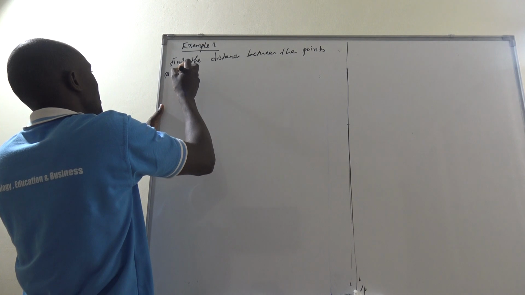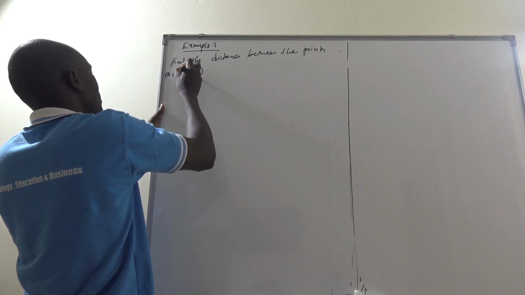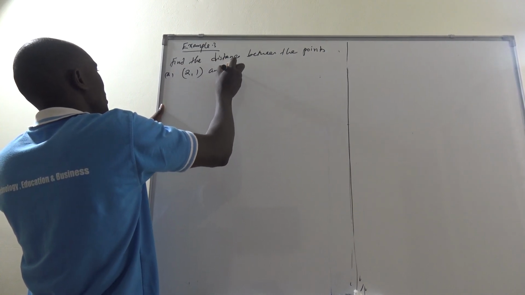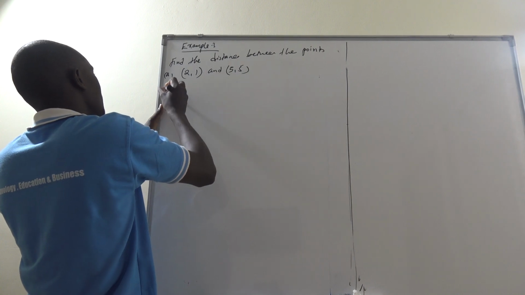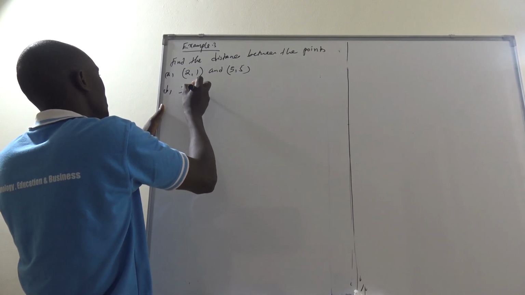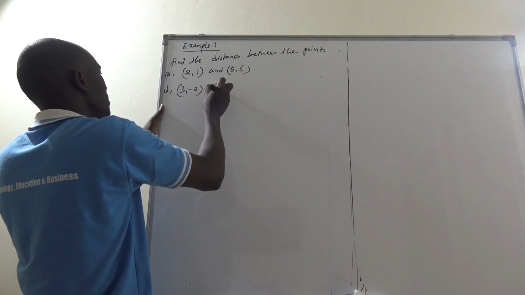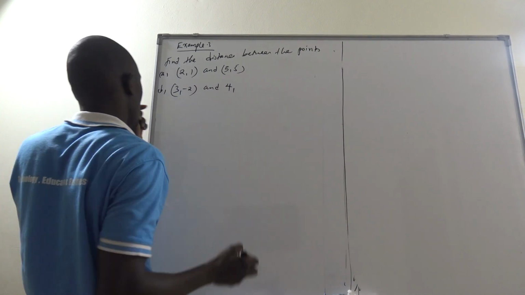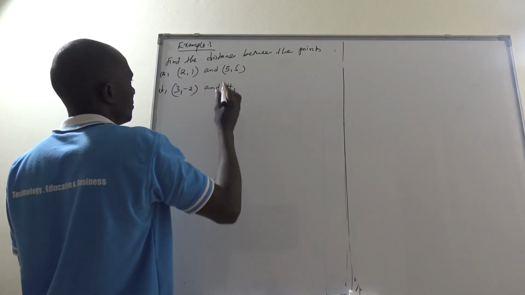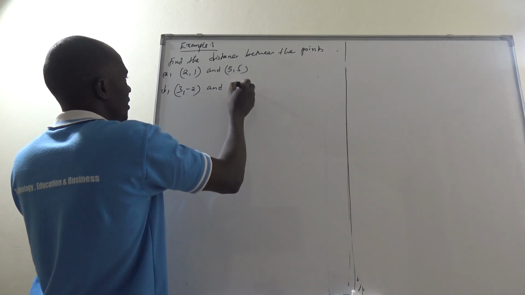Part A: 2, 1 and 5, 5. Part B: 3, negative 2 and 3, 7.